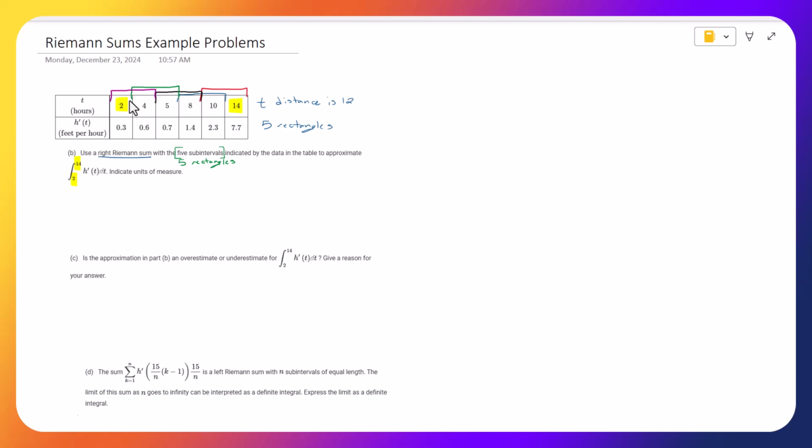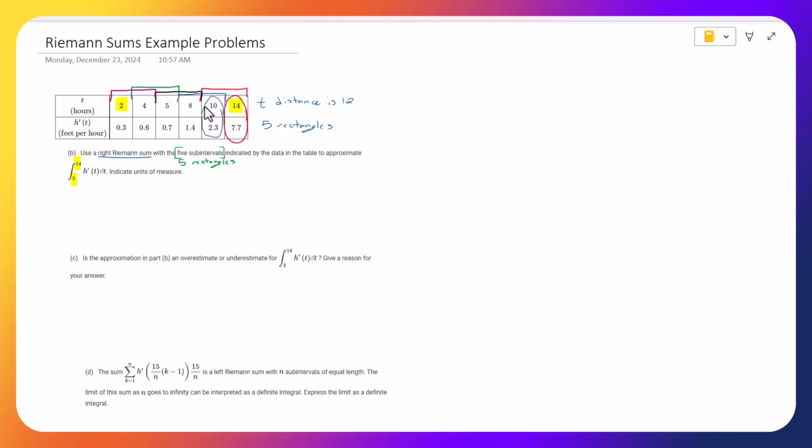And again, we're using the right endpoint. So I'm even going to go through and circle the specific endpoints that I care about. Well, I care about this 14 for my red rectangle. It's going to be that one. For my blue rectangle, I'm looking at the right side of each of these.